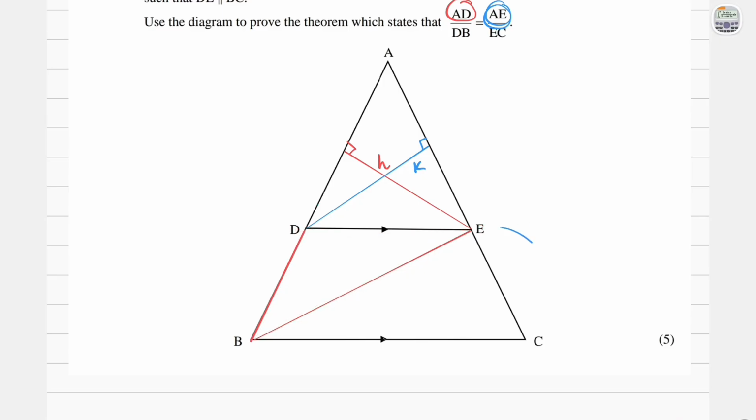And then to include EC in this calculation, we're going to see EC as the base of a triangle, and we're going to draw this triangle by joining D and C together. So now that that has been joined, you see that this is an obtuse triangle, and we have K as the height of this triangle since it has been drawn by extending the base EC.